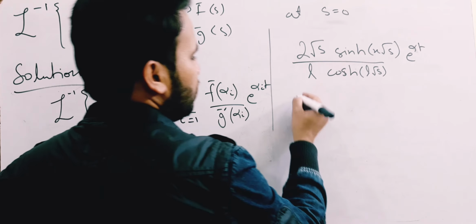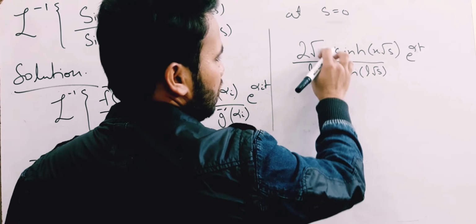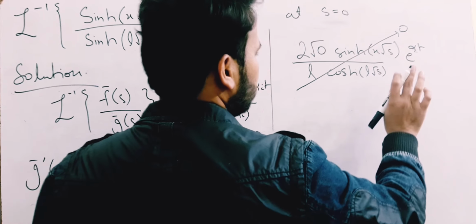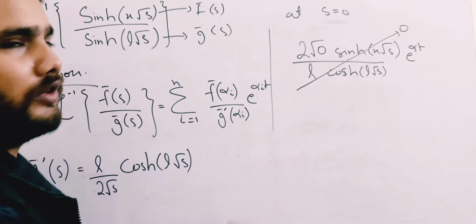If I put s equals 0, then this whole term will be 0. So at s equals 0 we find 0.